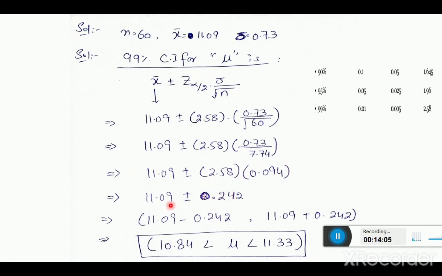With both digits, one minus and one plus, you get two extremes: the upper limit 11.33 and the lower limit 10.84. That is the confidence interval about mu, and about that we are 99% confident. Hope inshallah a bit of the idea will be clear.